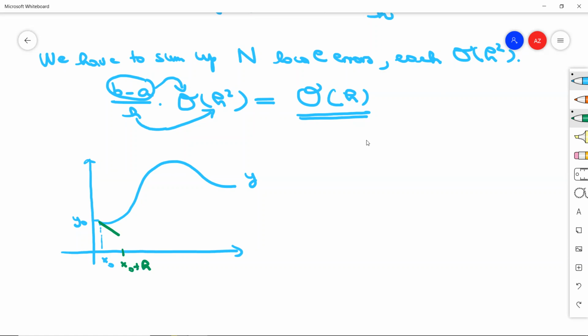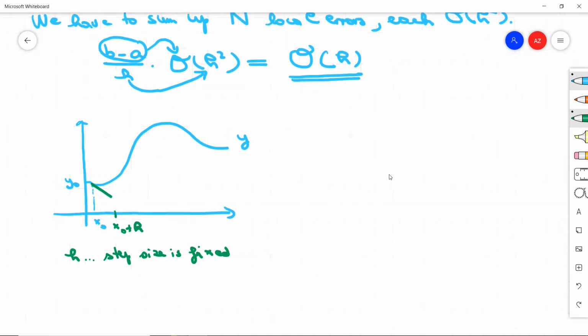How can we improve the accuracy of the method? By somehow taking into account more derivatives, more tangents over this interval. So let's say that the step size h is fixed. And now we would like to take into account more slopes of the tangents over this interval x0 to x0 plus h.